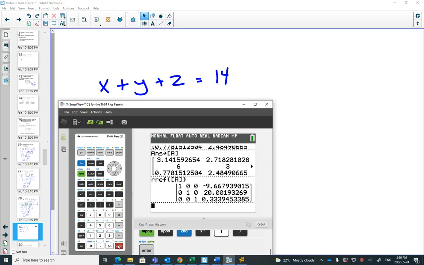I guessed 20 for the second one, but it looks like I was just a little bit off. Easy to write out.